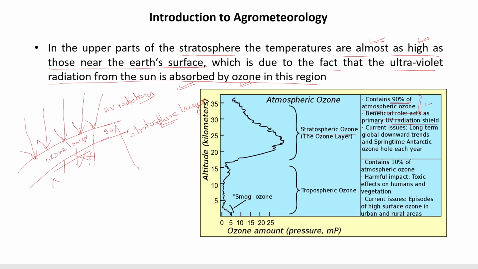Now there are some current issues: long-term global downward trends and the springtime Antarctic ozone hole each year. So we can see the ozone hole because of thinning of the ozone layer.